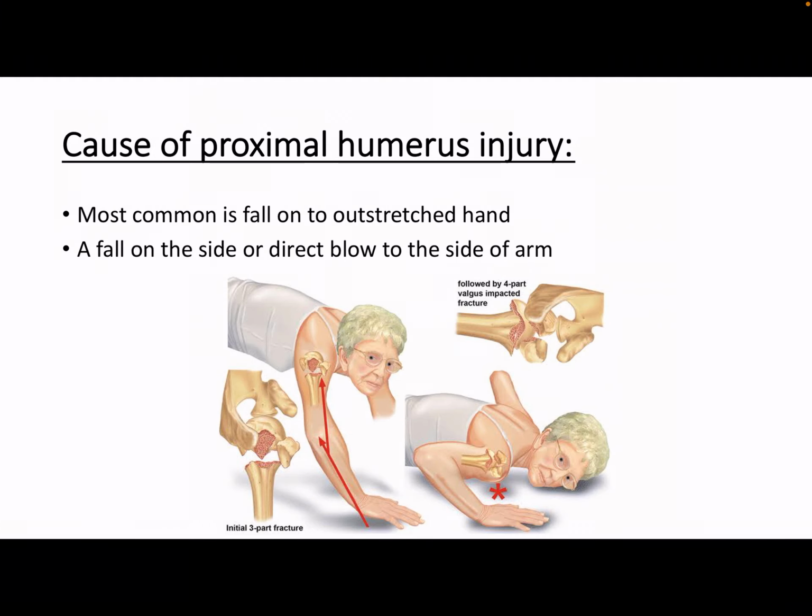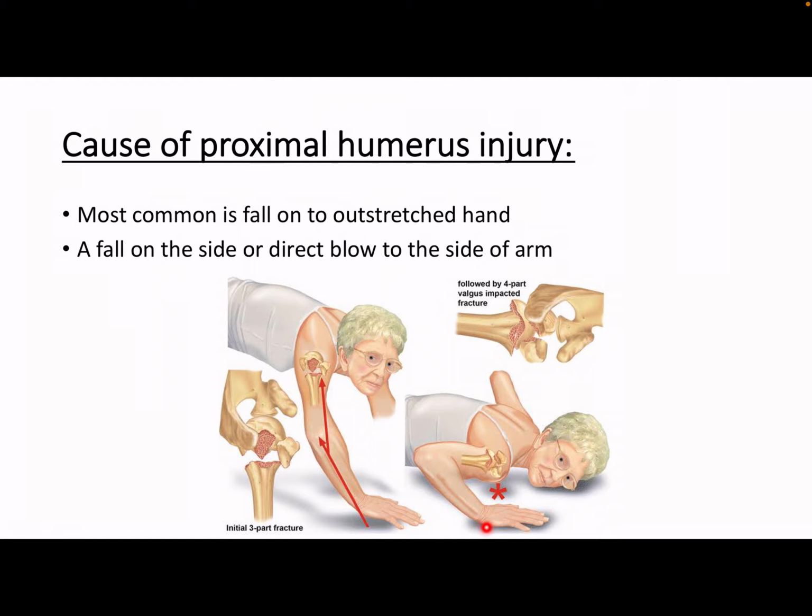What are the causes of proximal humerus injury? The most common one is the outstretched hand. See how this old lady is falling on the ground, and see the position of the hand. The arrows show how the force is impacted on the bone.